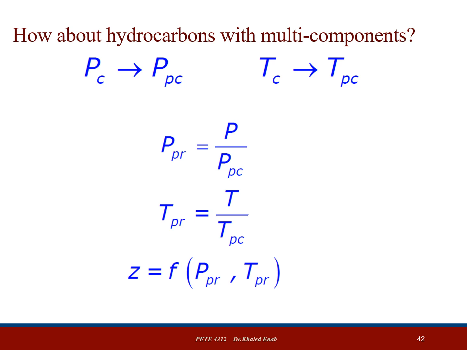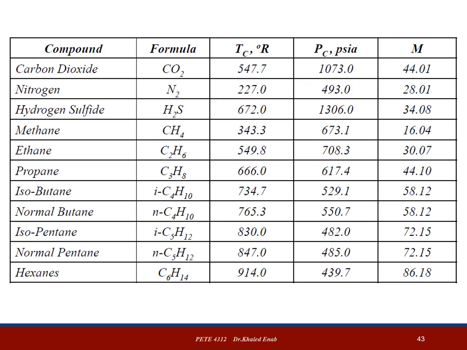Using those, we'll get the pseudo-reduced pressure, which equals pressure divided by Ppc, and the pseudo-reduced temperature, the same thing. And we'll use both in the same chart to get the Z. Here's an example of the components with their formula, critical temperature, critical pressure, and molecular weight.